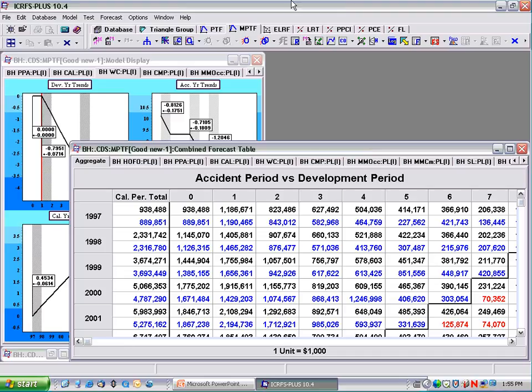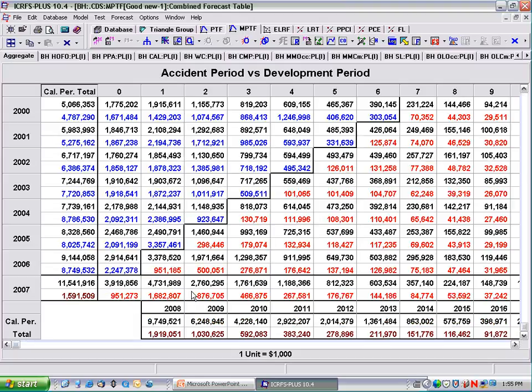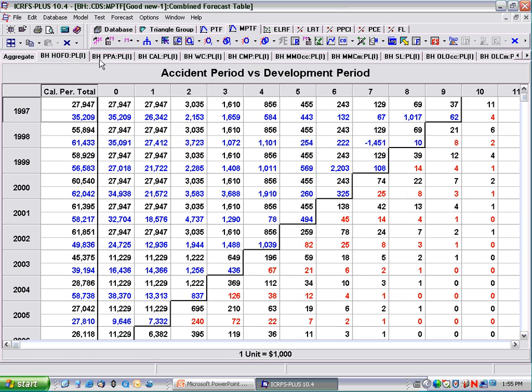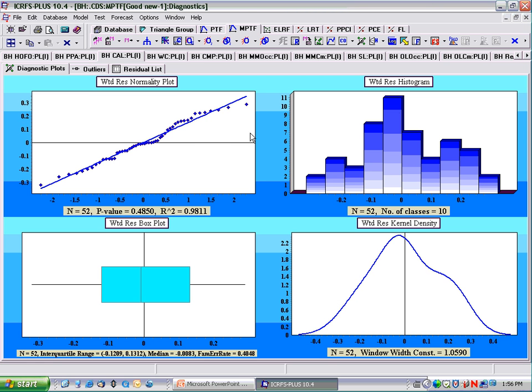This is the combined forecast table, aggregate first, so you can also see the next underwriting year. If you go to each line of business, the red is the standard deviation of a log normal, and the black is the mean of a log normal that we're projecting for that cell, because on a log scale, we do have log normal distributions.